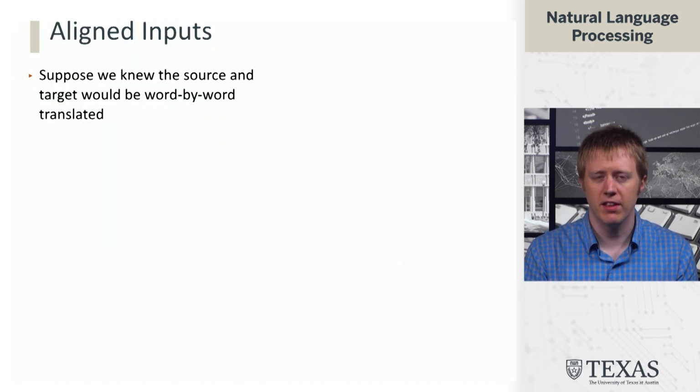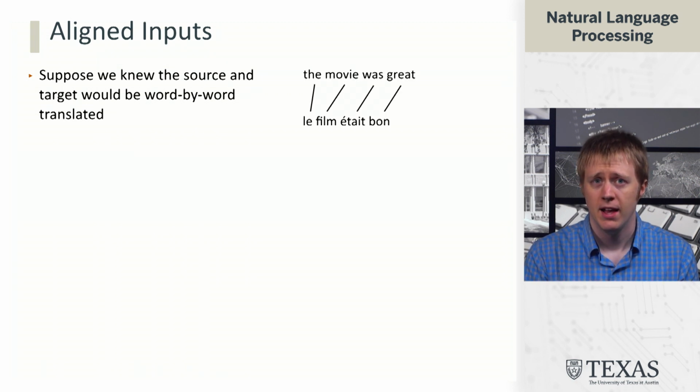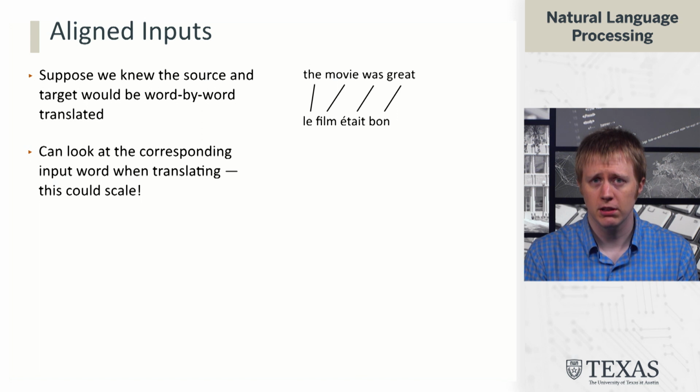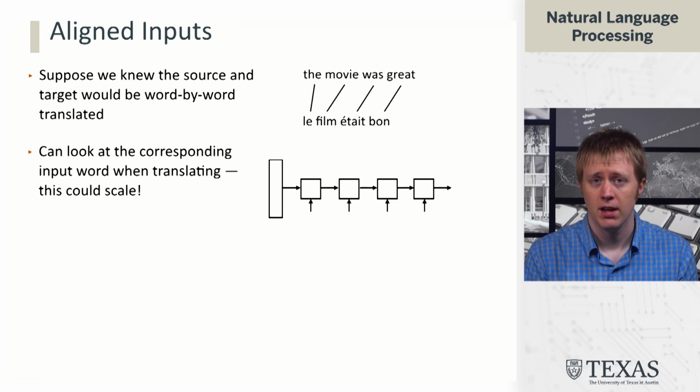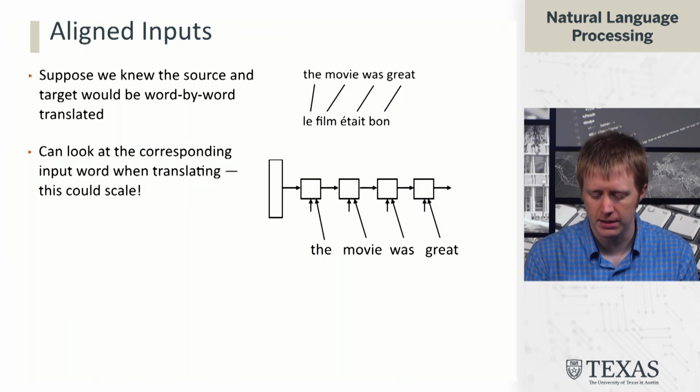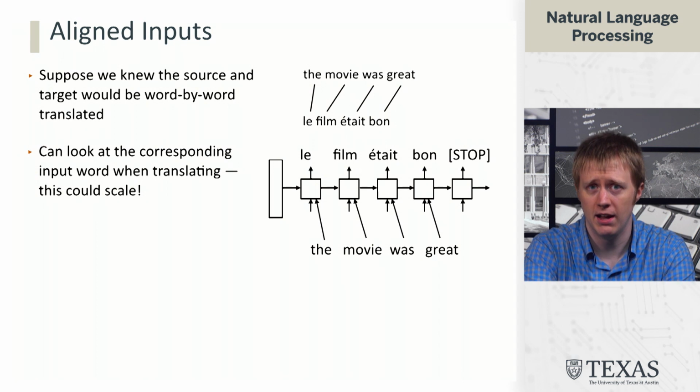So let me tell you something that would solve these problems, but it's sort of a too strong assumption. If we knew that we were doing a word-by-word translation of our input, then what we could do is look at the corresponding input word at each point in the decoder. So what I'm talking about here is, suppose we fed in "the movie was great" into the decoder as an additional input, in addition to the previous decoder time step that we're already feeding in. Then this translation problem actually looks really easy, right?